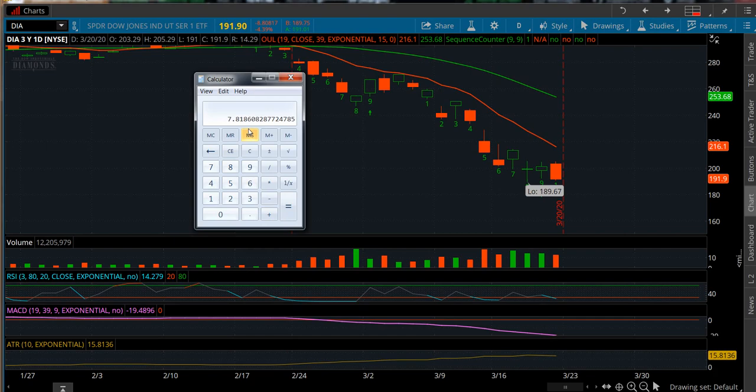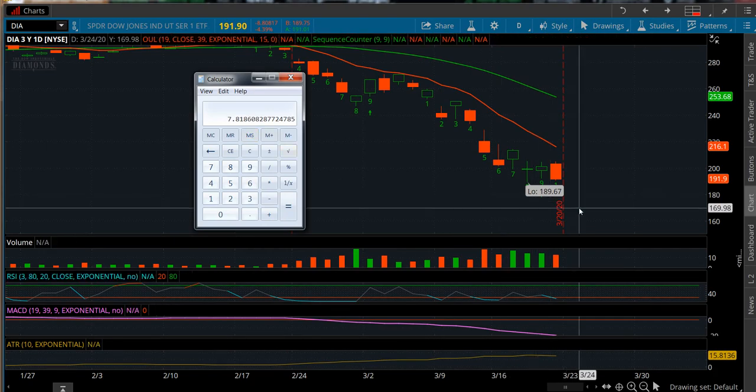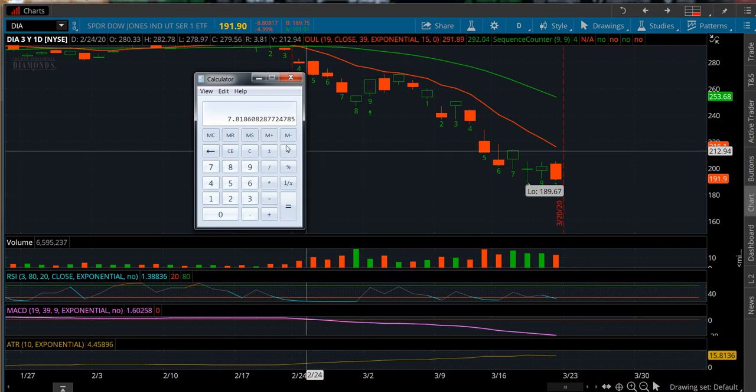So with your $20,000 account, if you were going to take a trade in the Dow Diamonds, your maximum position, I round up or round down depending on what side of 5 I'm on, is 8 shares in this one trade.